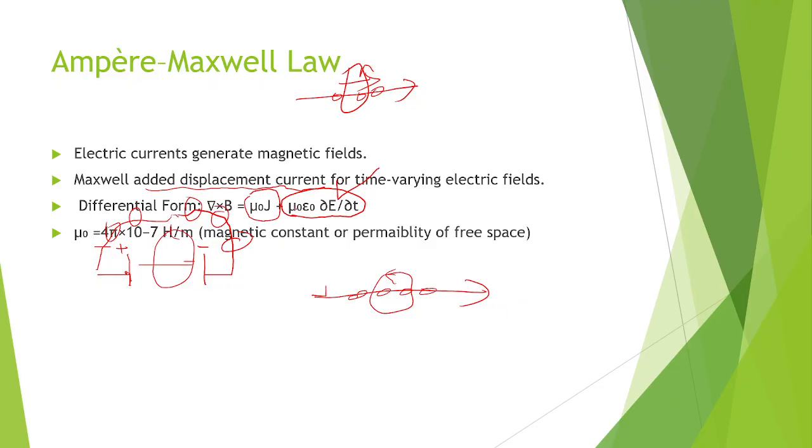These constants are related to the speed of light. Here the -7 is the power of 10, so it is 4π times 10 to the power -7 Henry per meter. That is the value of mu naught, the permeability of free space.